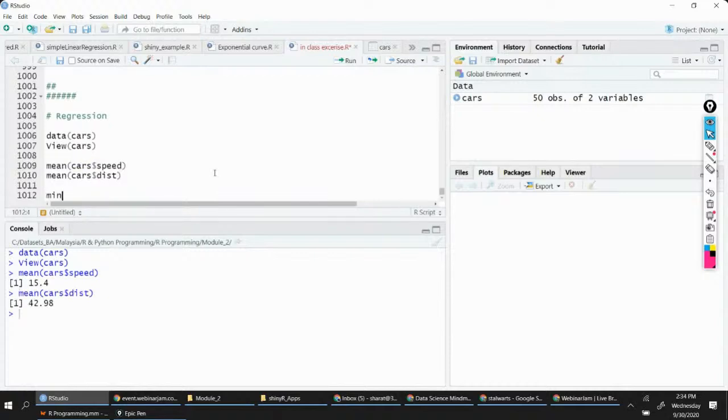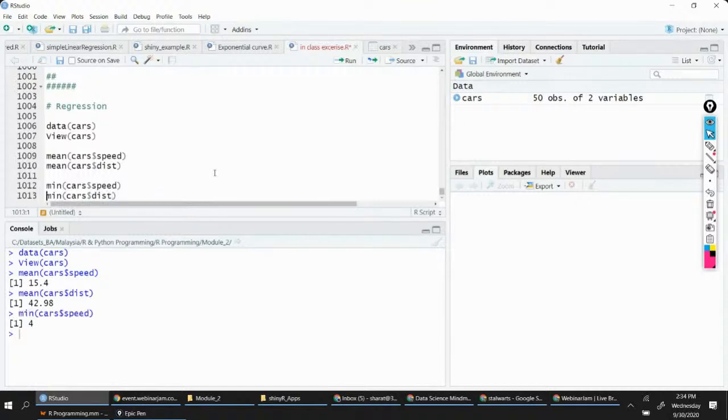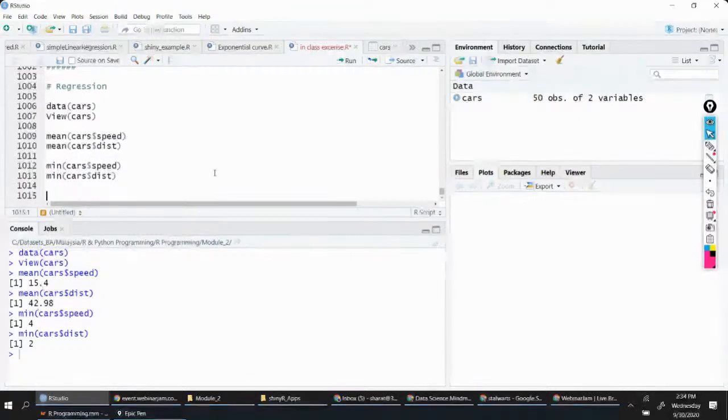Right? Then you might want to look at minimum and maximum. So minimum of cars dollar speed. I'll just copy this and paste it here for distance. Minimum speed is 4, distance is 2.